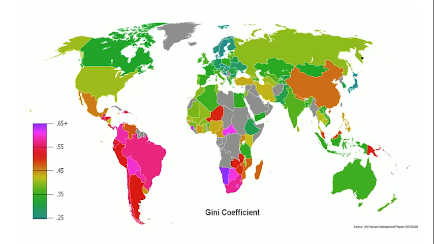It's not as equal as Canada, and Scandinavia has an even more equal income distribution. On the other hand, it's less unequal than Mexico or much of Latin America or much of Africa as well. And so you see there's quite a bit of difference in income inequality around the world as represented by this Gini coefficient.